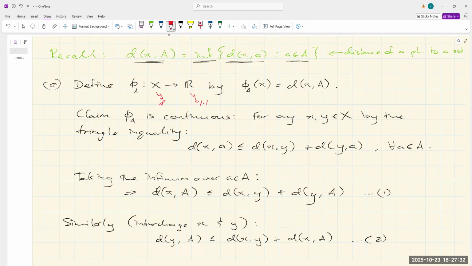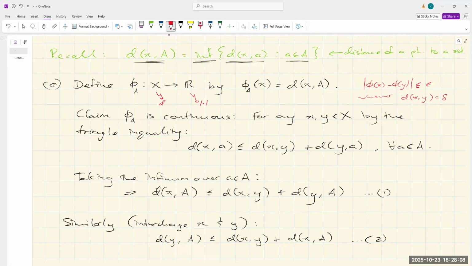So if I want to show phi is uniformly continuous, I need to show the modulus of phi(x) minus phi(y), that's the metric in R, is less than epsilon whenever d(x,y) is less than delta.